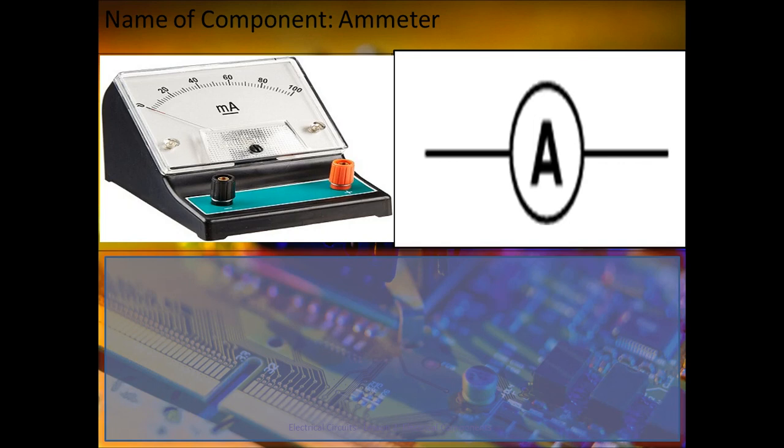So this goes back to and links with our understanding of current. Whenever we're talking about current, we need to think about the electrons that are moving around the circuit. So our ammeter, the purpose of an ammeter is to measure the current in a circuit. Now, keeping this simple, we talked about that idea of electrons flowing around a circuit, losing their potential when they get to different components.